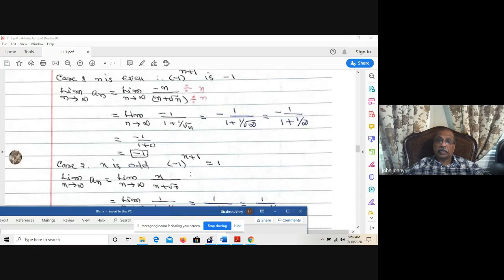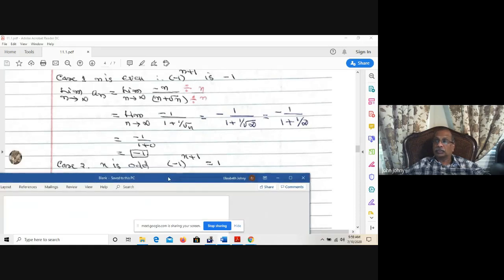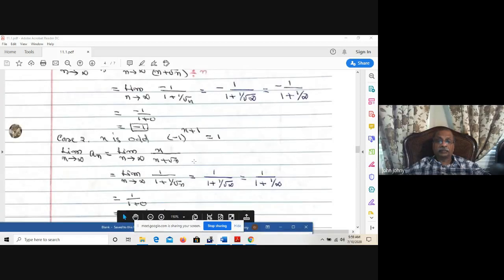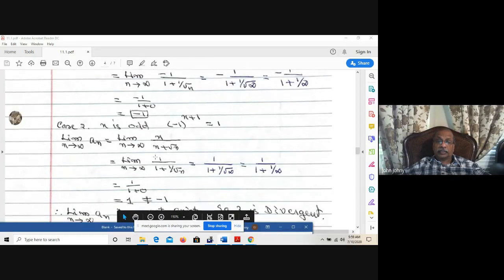And case 2, n is odd. If n is odd, negative 1 to the power of n plus 1 is equal to 1. So the limit as n approaches infinity of a_n is equal to the limit of n over n plus square root of n. Divide both numerator and denominator by n, you get the limit of 1 over 1 plus 1 over square root of n, that is 1 over 1 plus 1 over infinity. 1 over infinity is 0, so that is 1 divided by 1 plus 0, which is 1.